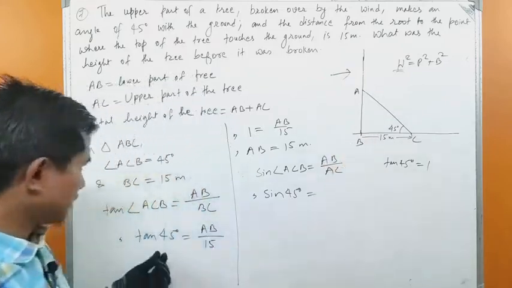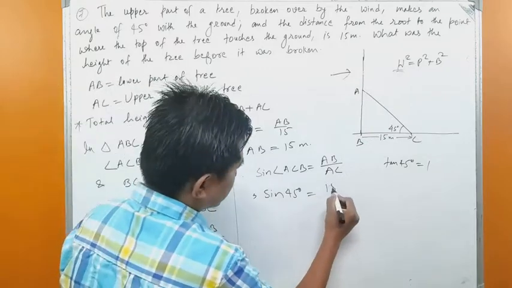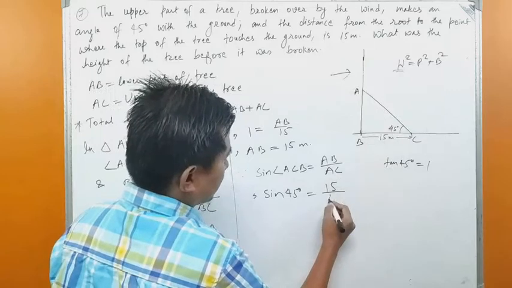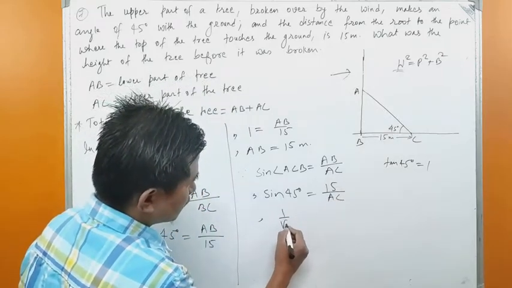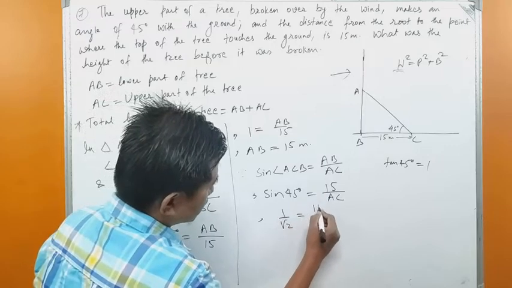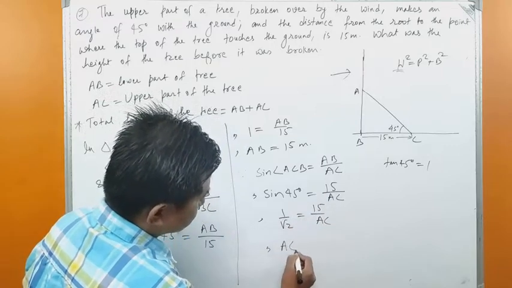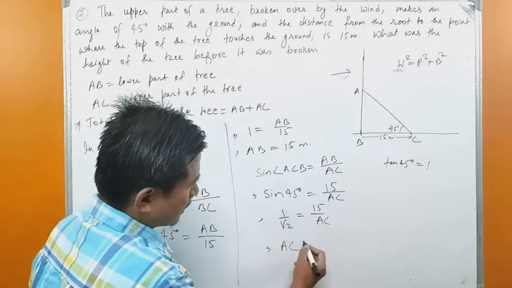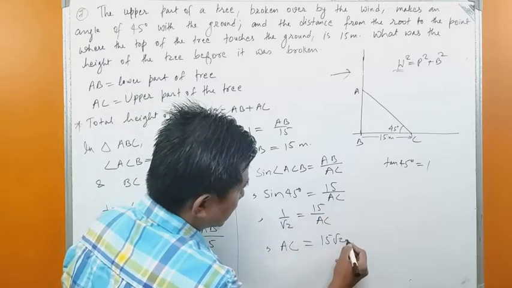AB is known to us, AB is 15, and AC is not known to us. We are asked to find AC. Sine 45 degrees means 1 upon root 2. So 1 upon root 2 equals 15 upon AC. Cross multiplying, AC into 1, AC equals root 2 into 15, 15 root 2 meters.